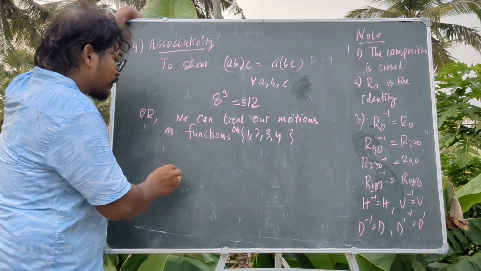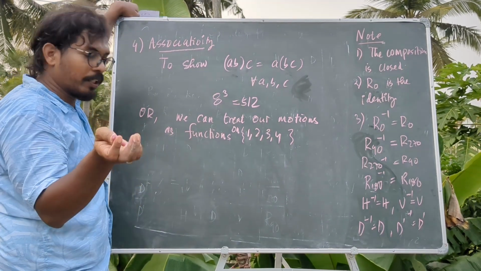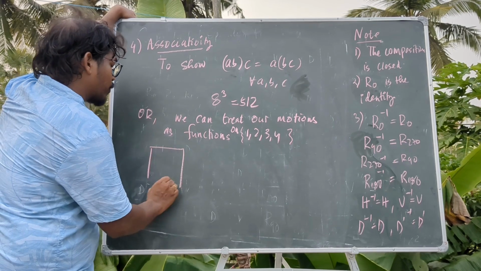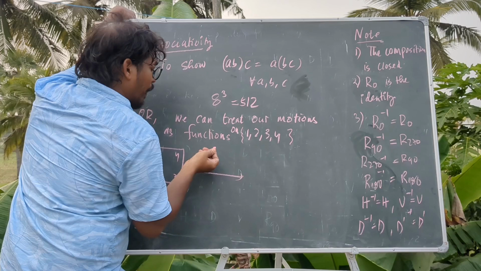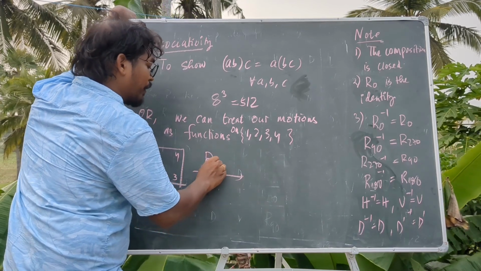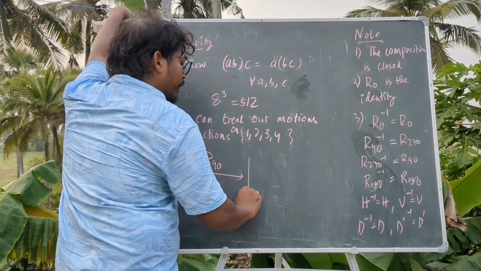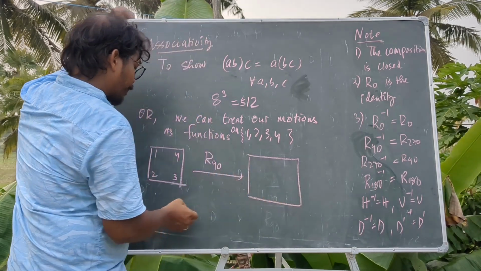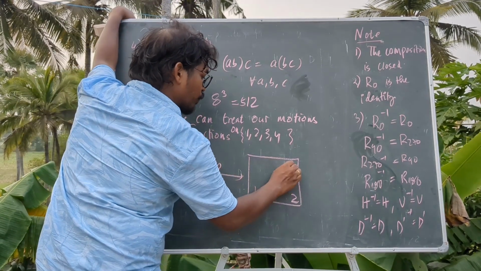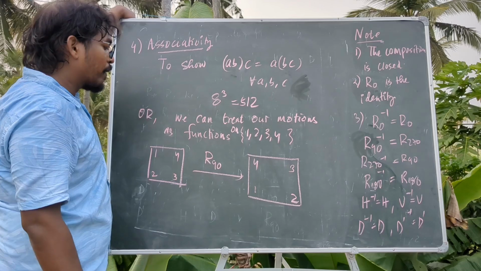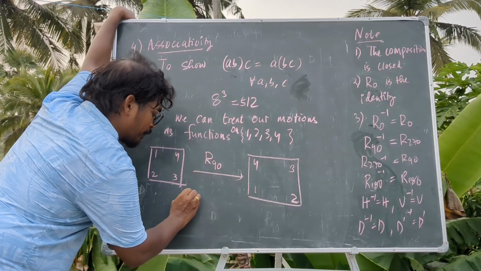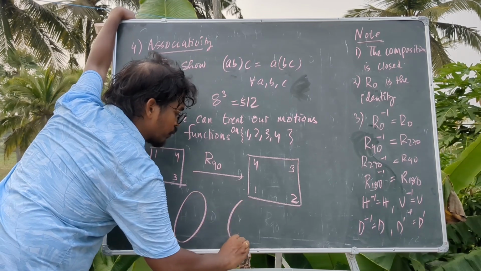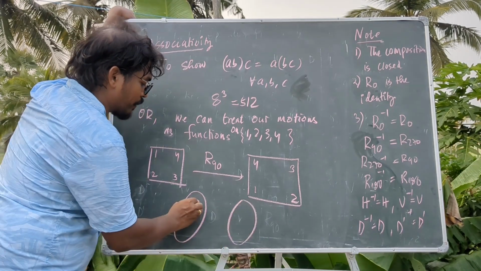What I mean is, suppose I have a 90-degree rotation. This is our original square, 1 here, 2 here, 3 here, 4 here. I am doing R90, anti-clockwise 90 degrees. Then I will get 1, 2, 3, 4 in the new positions. And this motion can be treated as a function. This is our domain set, this is our codomain set.